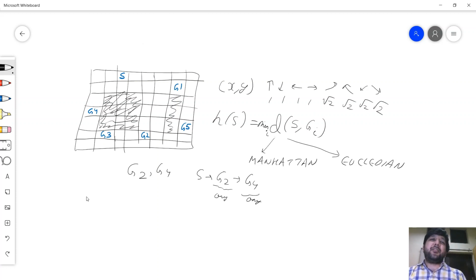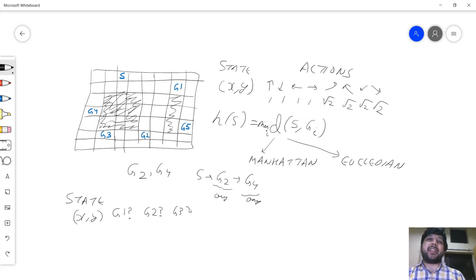So your state over here, if I model this problem like this, is not only my XY location, it is also: have I achieved G1 in the past, have I achieved G2 in the past, have I achieved G3 in the past, have I achieved G4 in the past, have I achieved G5 in the past.